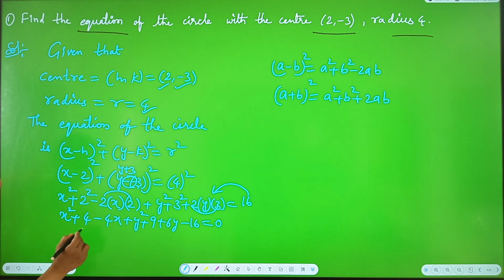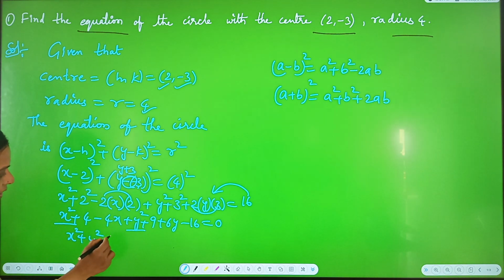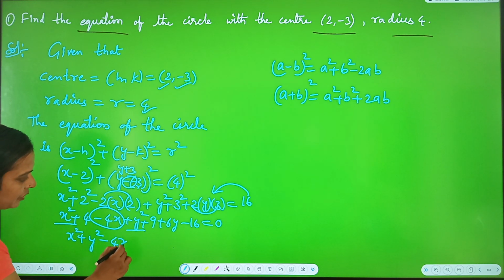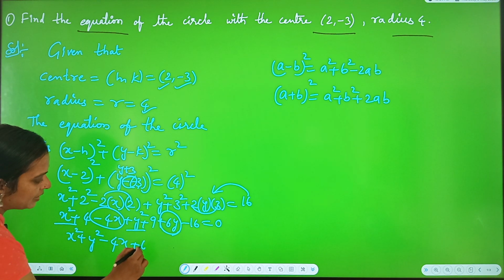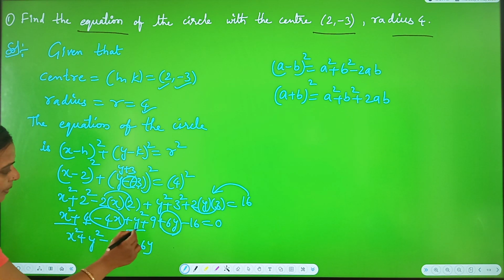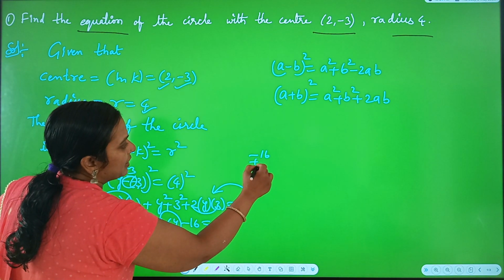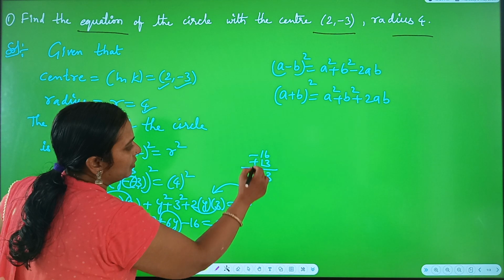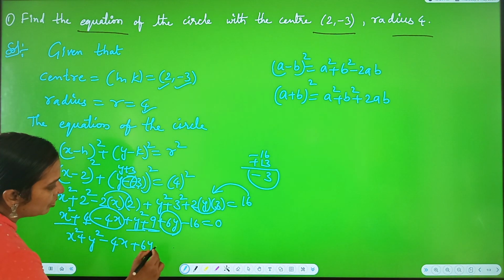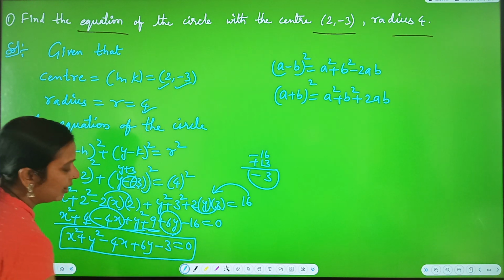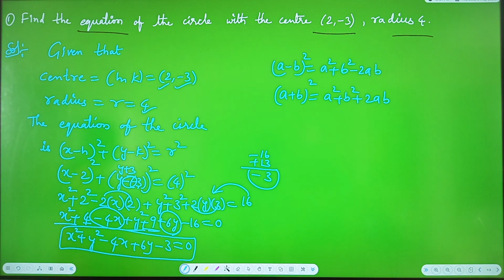Now write x square and y square terms one after the other: x square plus y square, then the x term minus 4x, then the y term plus 6y, and 4 plus 9 is 13, 13 minus 16 is minus 3. So x square plus y square minus 4x plus 6y minus 3 equal to 0 is the required equation of the circle from the given center and radius.